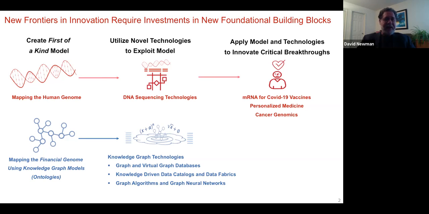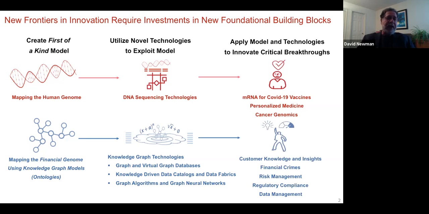Examples of technologies that we need to exploit for knowledge graph are graph and virtual graph databases, knowledge-driven data catalogs, and data fabrics, and graph algorithms and graph neural networks, just to name a few.